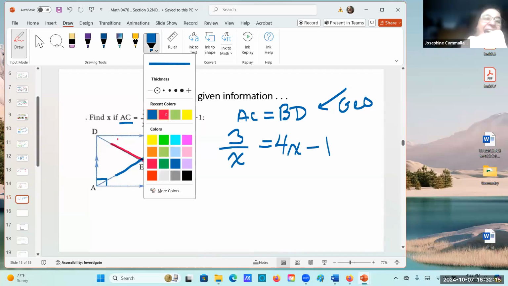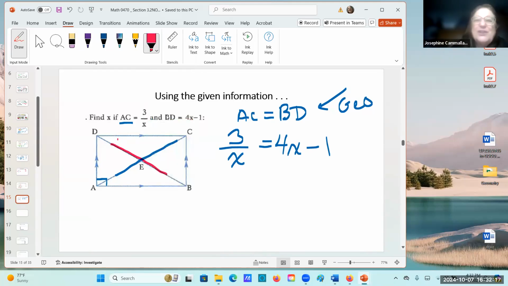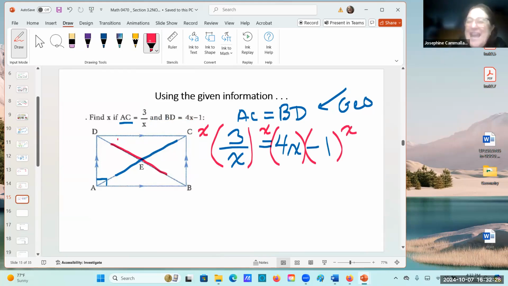Now, I don't like fractions. So that means every term is being multiplied by X. Why is it multiplied by X? This X and my denominator will go away.